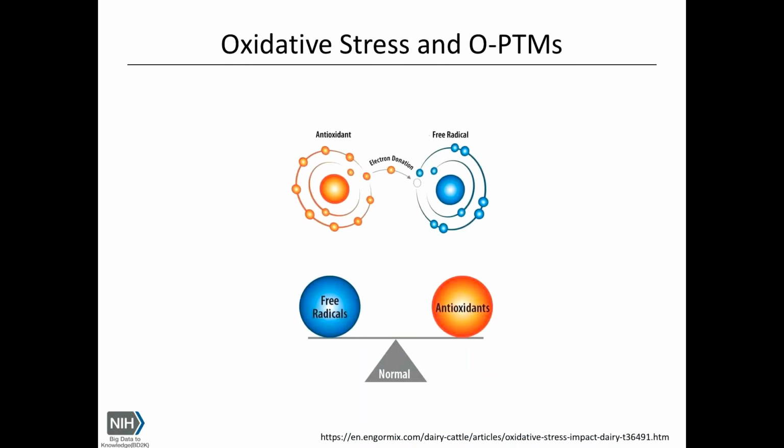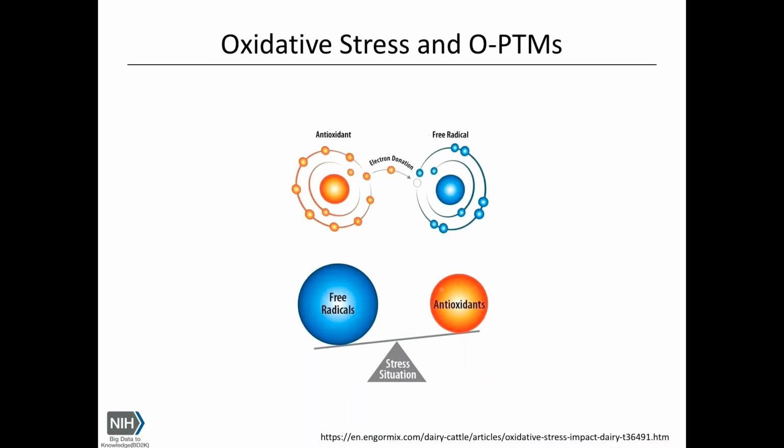So toward this goal, oxidative stress is becoming increasingly recognized as a key signaling event in the progression of cardiac hypertrophy. Oxidative stress describes the cellular state when free radicals in the environment outstrip the capacity of antioxidants to neutralize them. In response to oxidative stress, post-translational modifications, or O-PTMs, of proteins have been shown to alter the three-dimensional structure and therefore functional activities of proteins in various biological pathways, contributing to hypertrophy development.